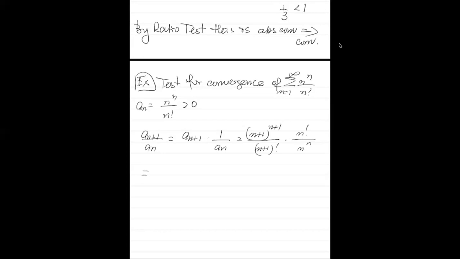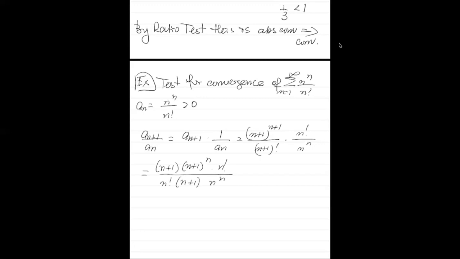Let's do this: n plus 1 times n plus 1 to the n, and here n factorial over, I'm going to write n plus 1 factorial as n factorial times n plus 1.